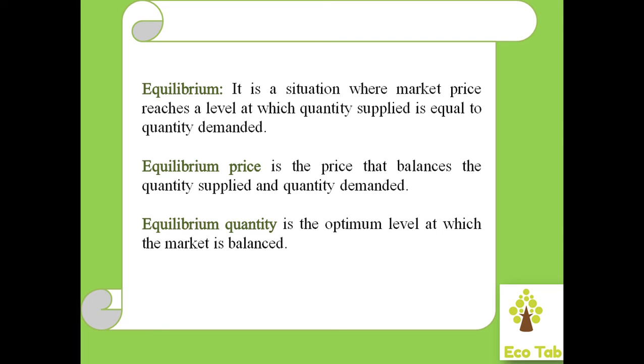Moving on, equilibrium quantity is the optimum level at which the market is balanced. The amount of the product which buyers are happy to buy and the amount which sellers are happy to sell.